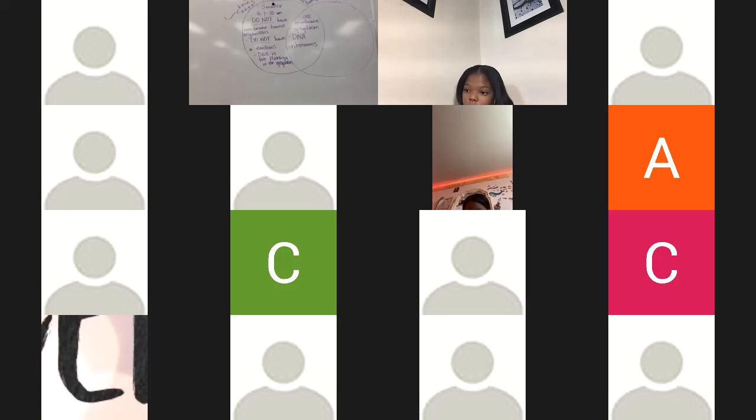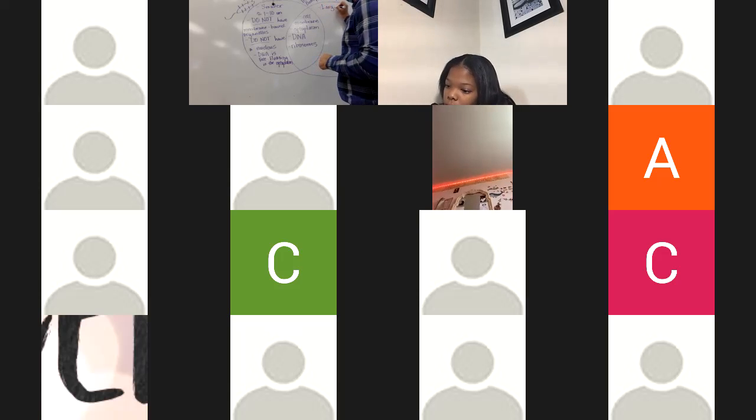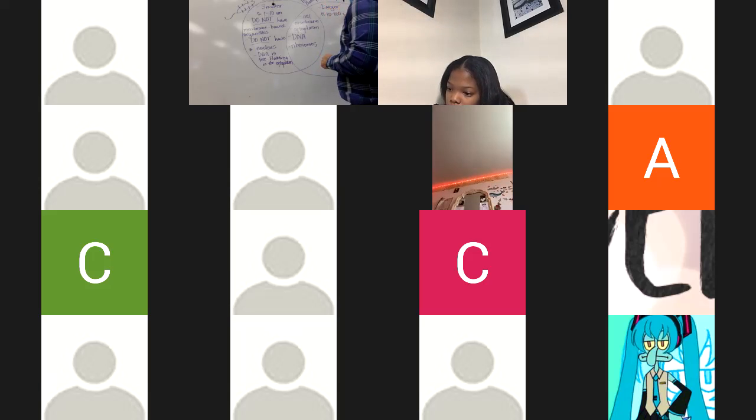Now, we get to eukaryotes, and we'll just go in order here. So eukaryotes are larger, and they could be about 10 to 100 micrometers. They do have a nucleus.